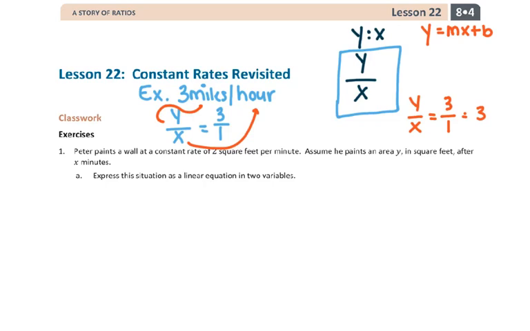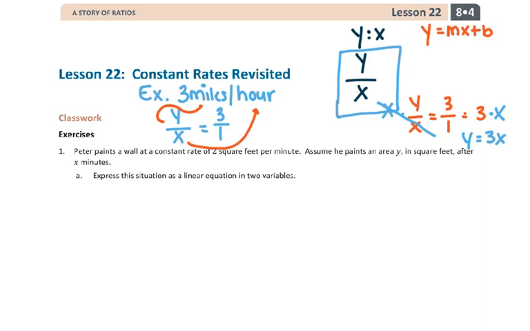So even though I've written this as y over x equals 3 over 1, which is technically y over x equals 3, we can still represent these equations as linear equations in the form y equals mx plus b, because if I multiply both sides of my equation by x, it gets rid of that x in the bottom of my fraction, and I'm left with y equals 3x, which is that slope-intercept form. In this case, our y-intercept would be 0, so we could just say plus 0, but we're not going to worry about that for this lesson.